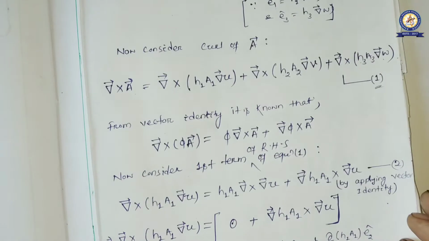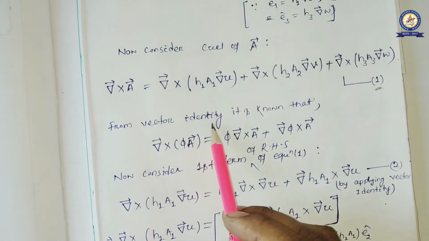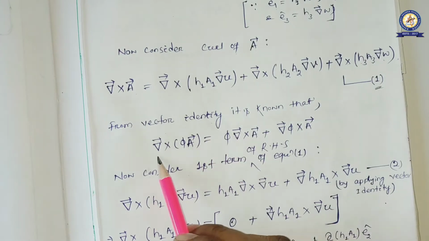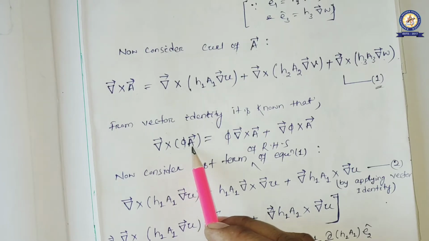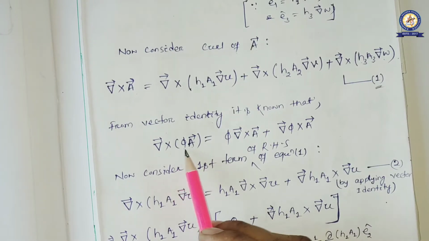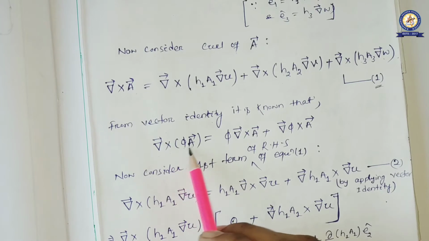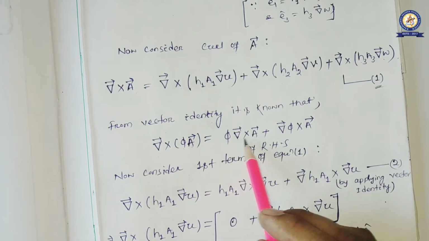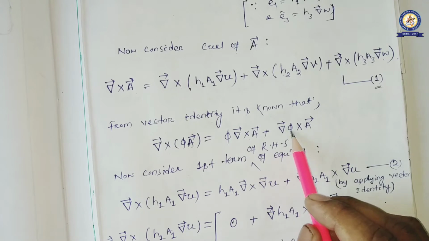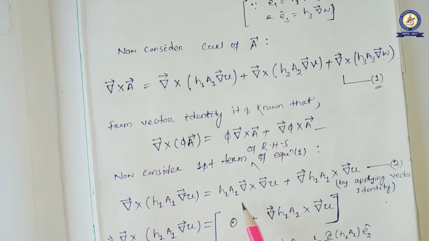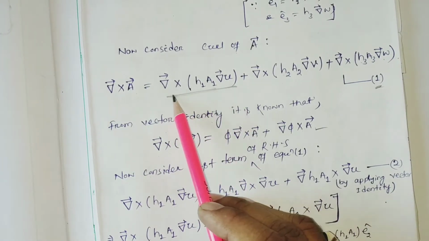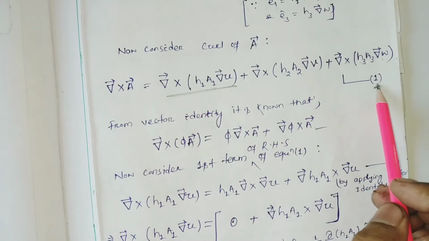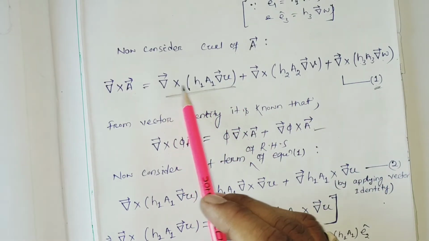Now we are going to consider the vector identity, del cross phi into A, one scalar and one vector. According to the vector identity, this value will be phi del cross A plus del phi cross A. So if we consider one of the terms on the RHS of equation number 1, we can see exactly this format.